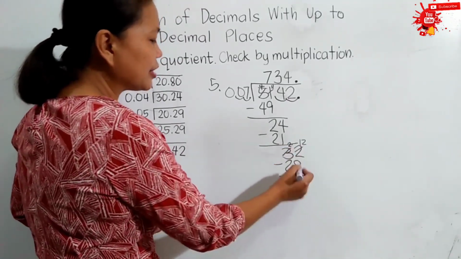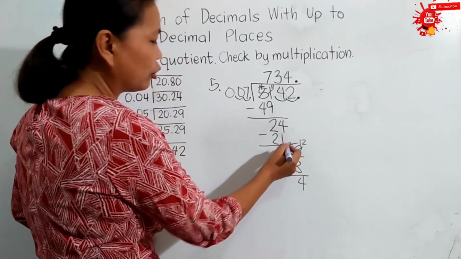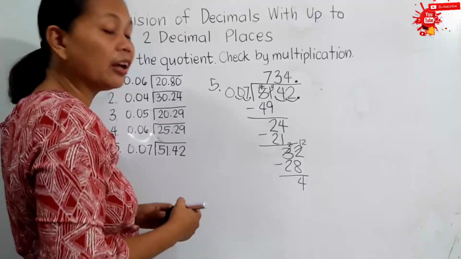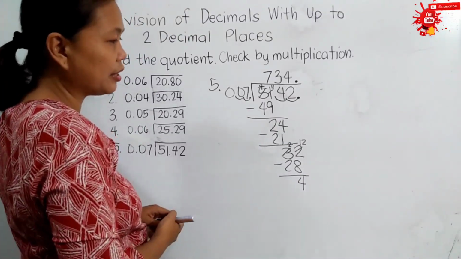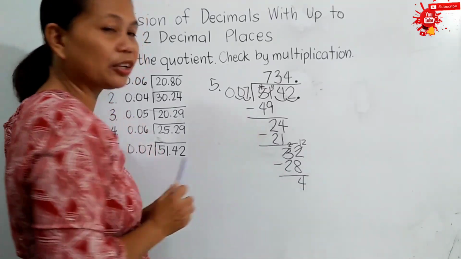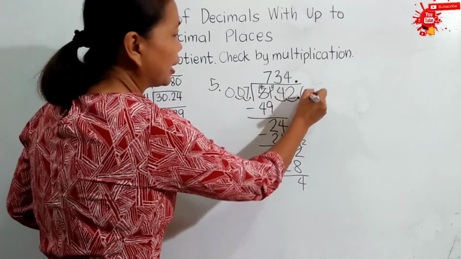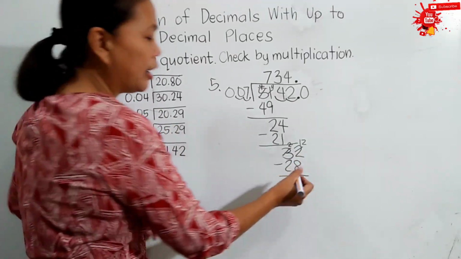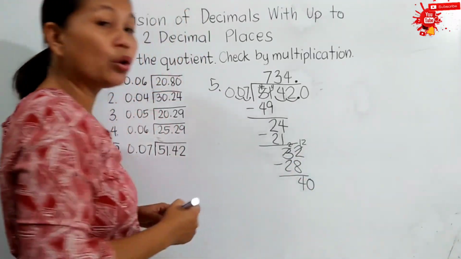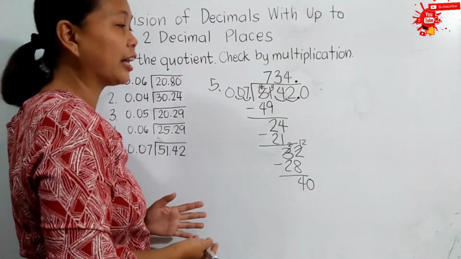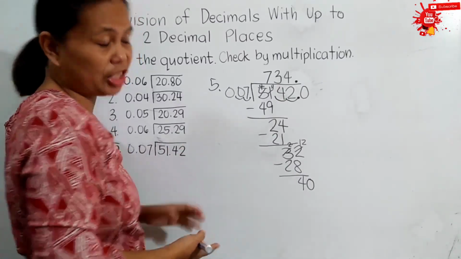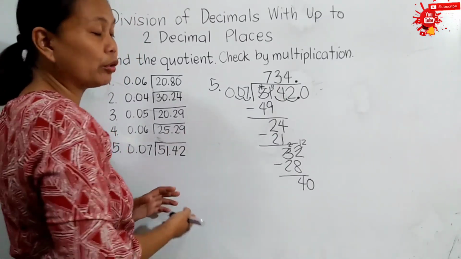So 12 minus 8 is 4. Then 2 minus 2 is 0. So no need to write 0. Then dahil hindi pa exact yung answer natin, so pwede pa tayong maglagay ng 0 dito, magdagdag. Para makita natin kung tapos na ba yung sagot natin or kung may mauulit na digit or kung eksakto na.